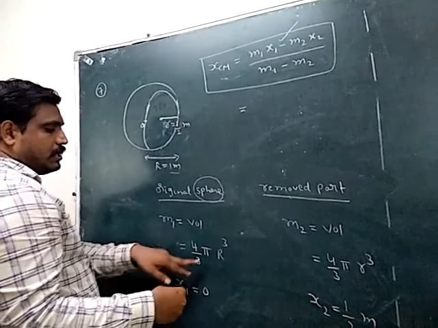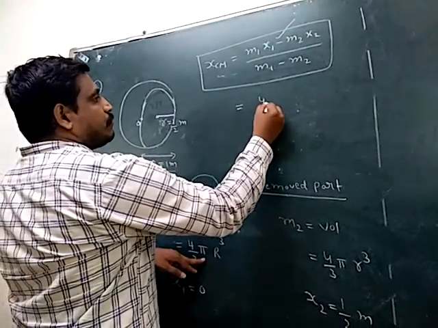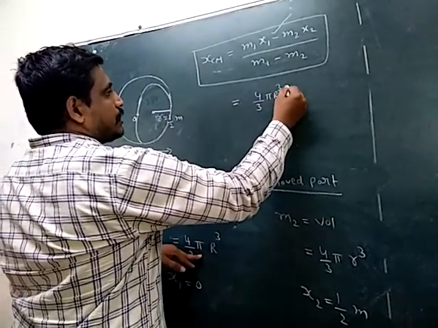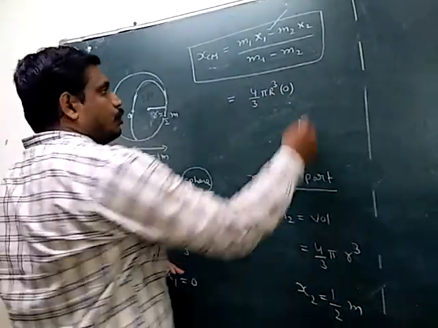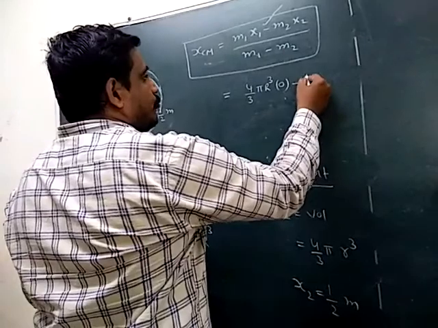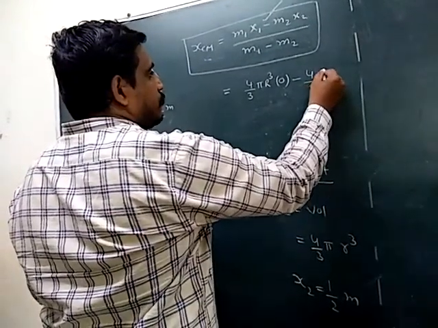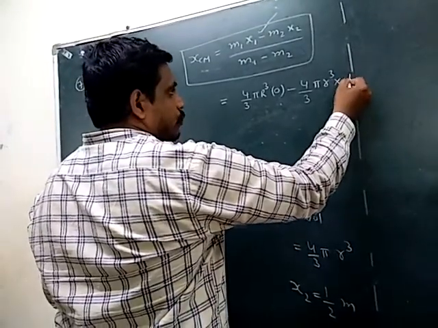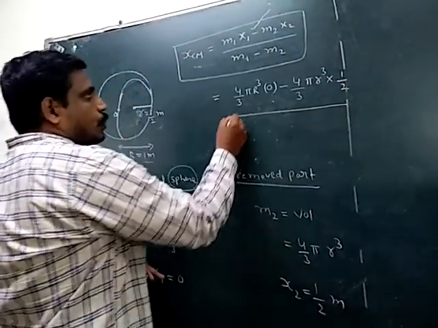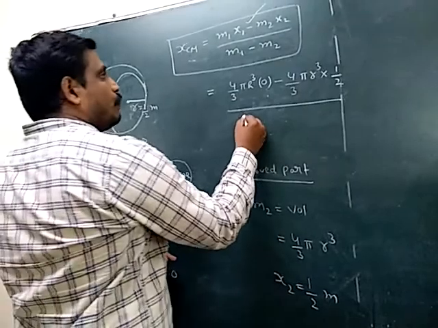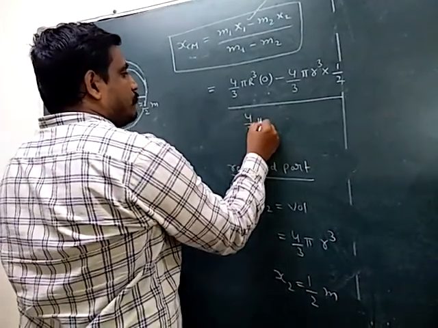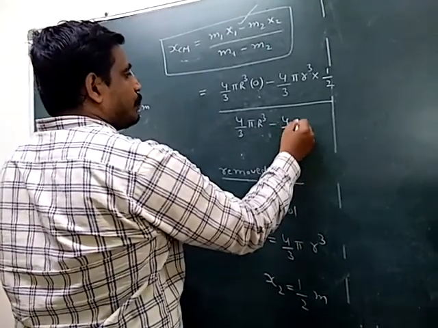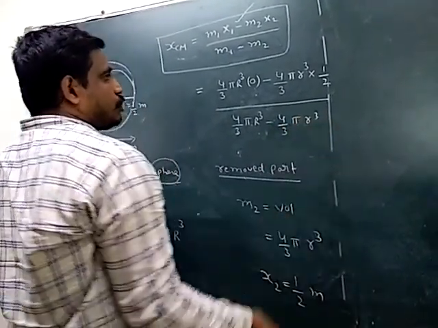According to the question, m1 value is 4 by 3 pi capital R cube, x1 value 0, minus m2 value 4 by 3 pi small r cube into x2 value 1 by 2, all by 4 by 3 pi capital R cube minus 4 by 3 pi small r cube.